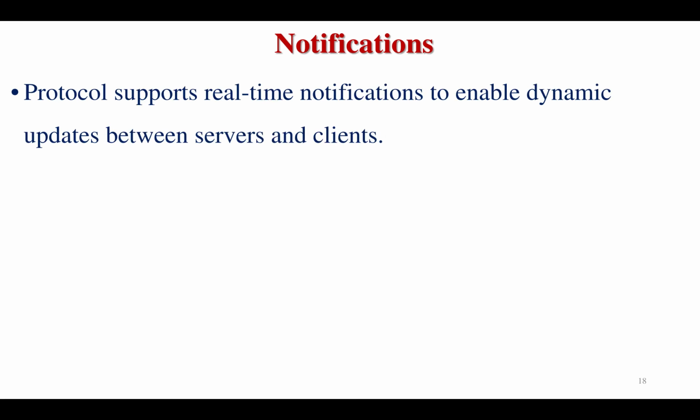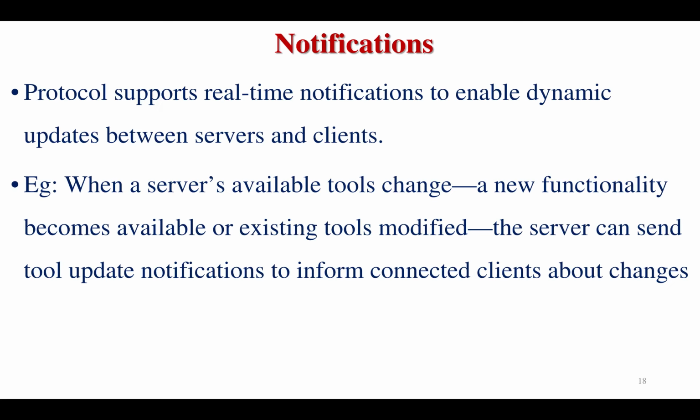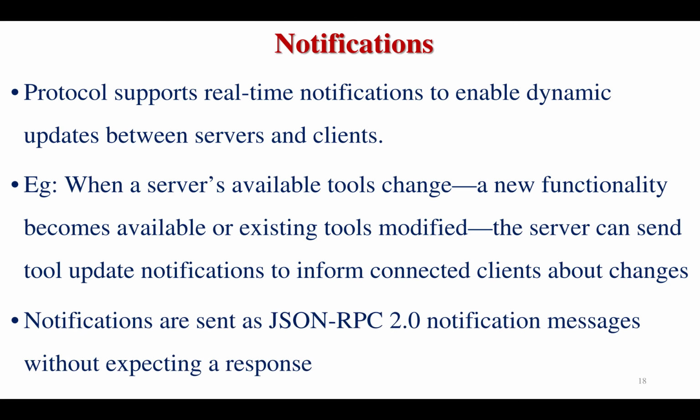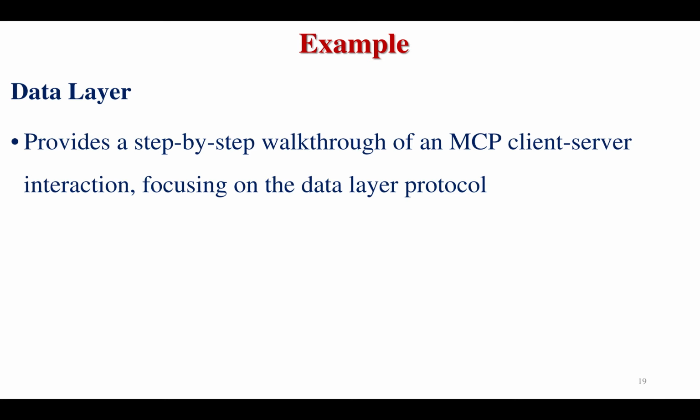And notifications, or protocol support, help enable dynamic updates between the server and the clients. When the server's tools change or new functionality is added, notifications will be sent, and notifications also follow this JSON-RPC 2.0 message format without expecting a response.